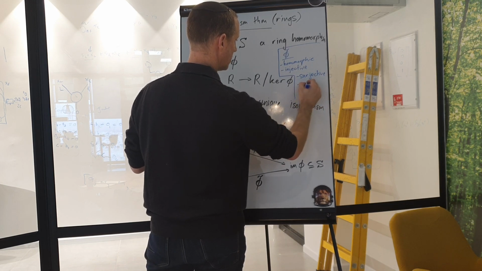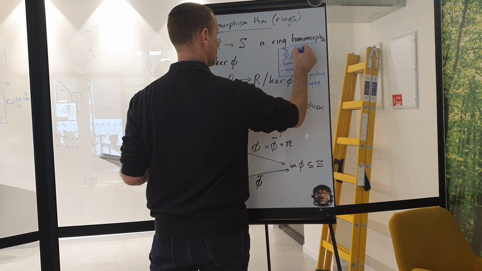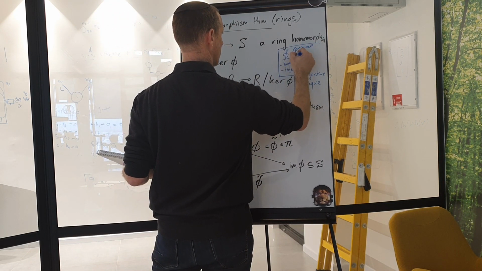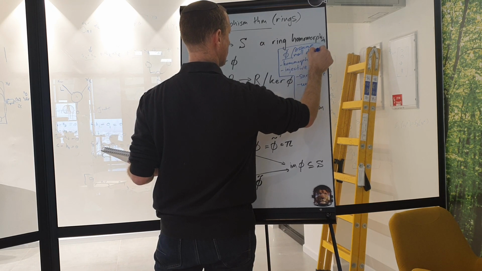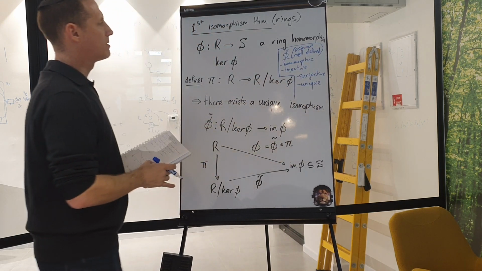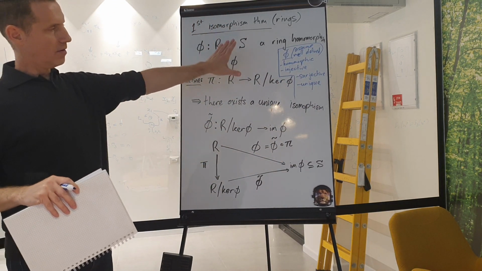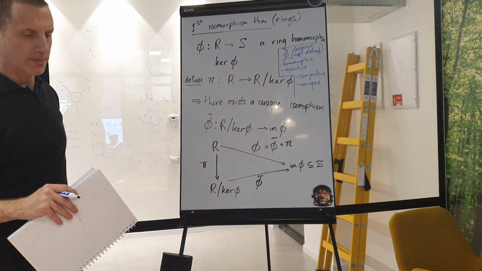And we need to show that it's unique. Okay. And then we're going to assume well defined. You can check what that means, and if we can show all of these, then it's an isomorphism.